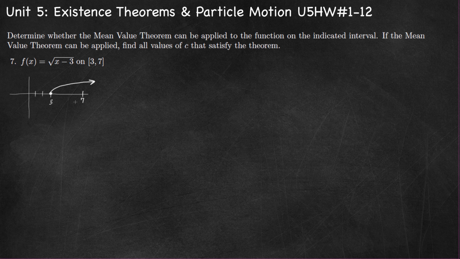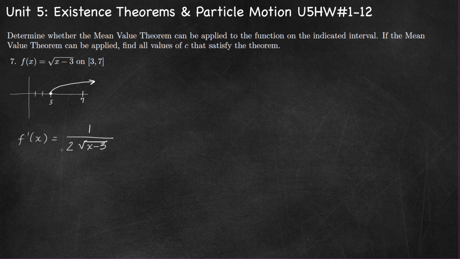Another way you can verify whether a function is differentiable, if you don't know what the graph looks like, is to actually find the derivative. F prime of x equals, so we would use chain rule here. This is in the form of square root of stuff, so the derivative is 1 over 2 square root stuff times the derivative of the stuff, which in this case is just a 1.